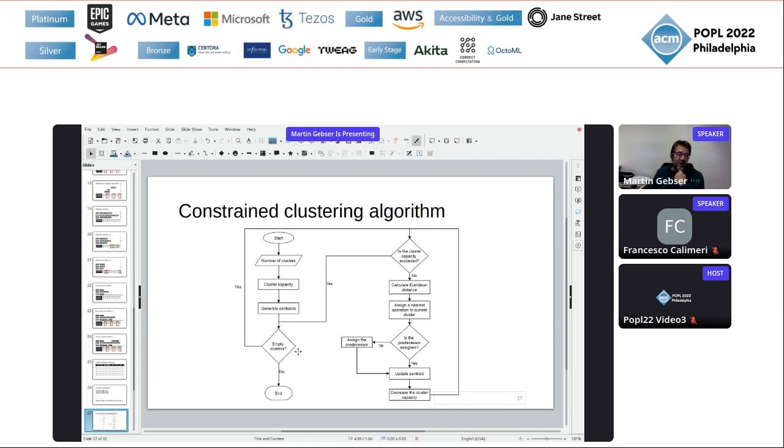So we check, are there clusters which are not yet populated, or have we already assigned all operations? If not, and the cluster capacity is not exceeded, then we see how far is the nearest operation from the centroid, and we take it together with predecessor operations, possibly, to make sure that we don't violate the sequential order of the jobs.